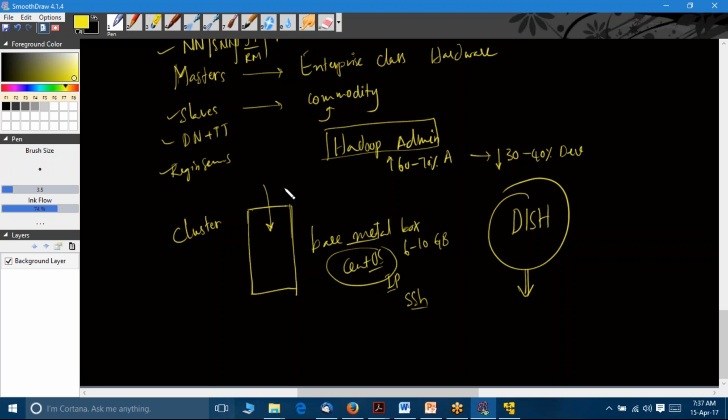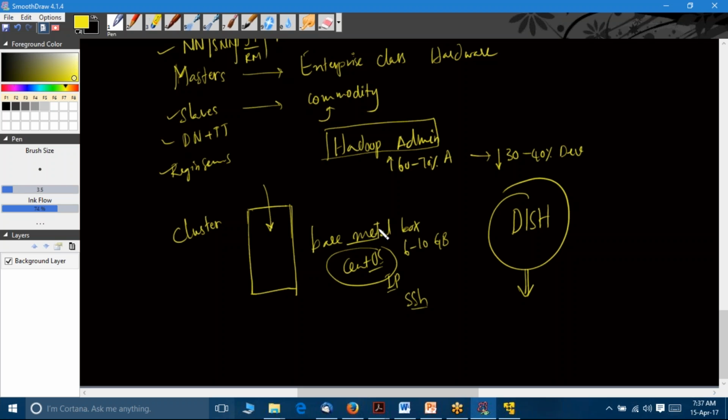Once the storage space is expanded to that node, your name node starts filling it with blocks and makes the cluster balanced. And the moment you decommission that node and take it out, the blocks that were supposed to be on that node are uniformly distributed to the other nodes, so that your cluster is again balanced. Once you take that node out from the cluster, it works as a plain normal CentOS box, right?